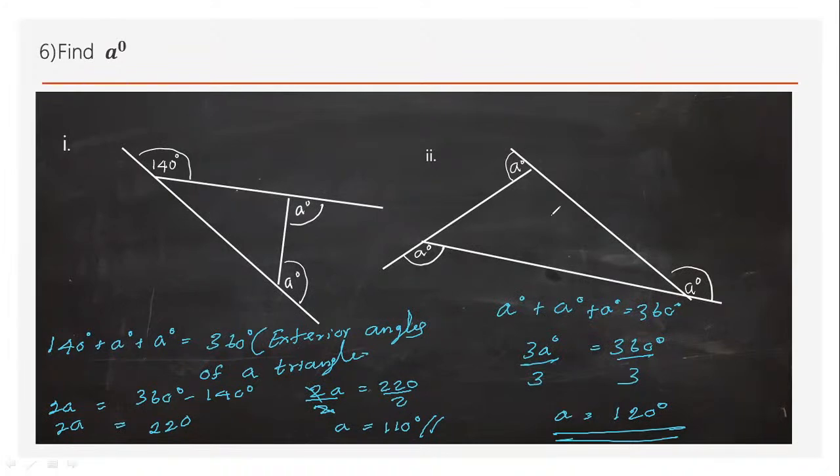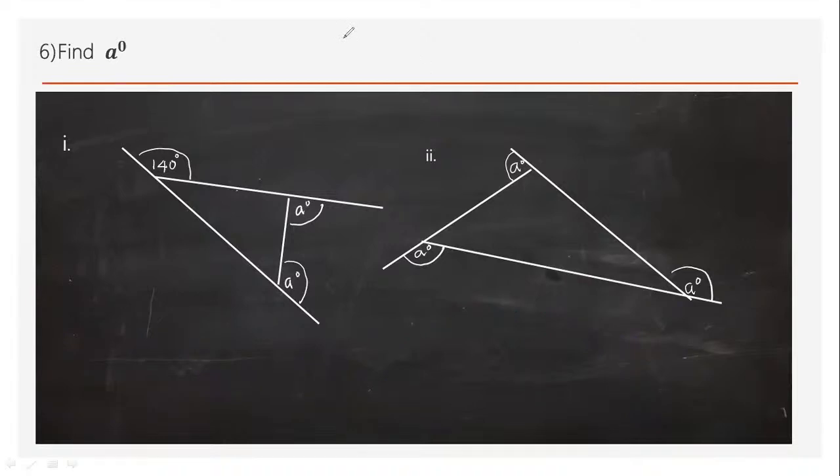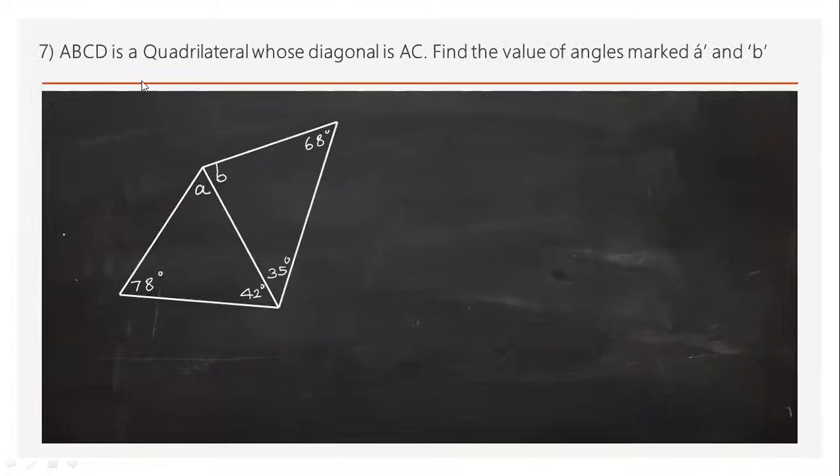Right, next question. Question number 7. ABCD is a quadrilateral whose diagonals are AC.